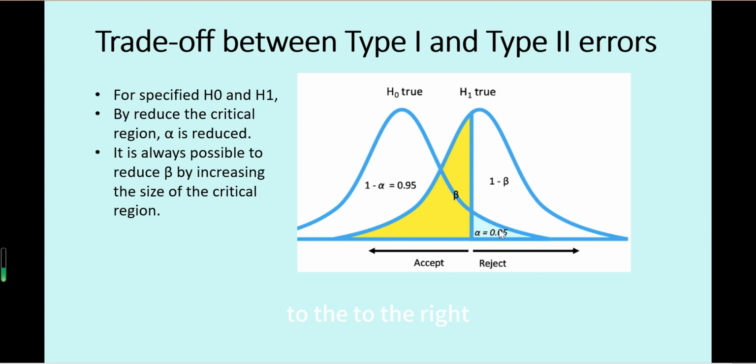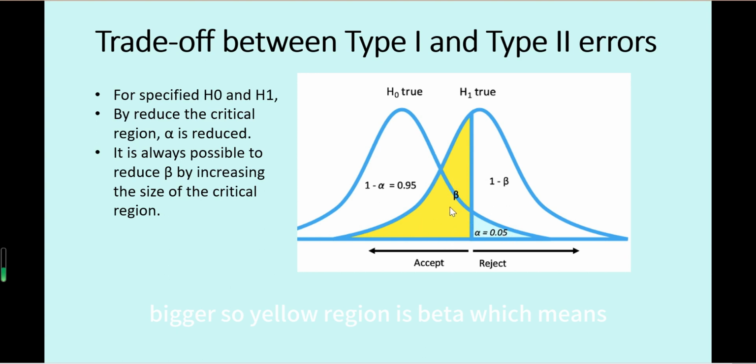to the right. For example, this is the critical line for 8 positives in the sample. Then we set the critical line to 10 or 11 here. So this area will be less, right? This is the critical region for the type 1 error. But at the same time, for a given hypothesis H1, this line moving to the right will make the yellow region bigger.